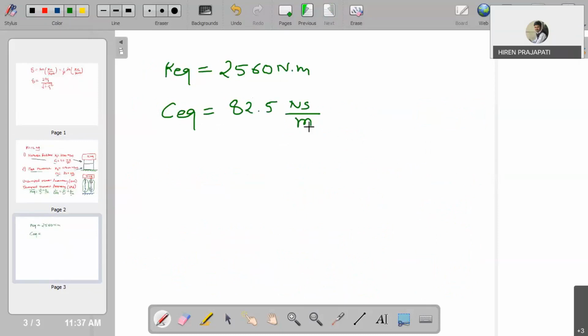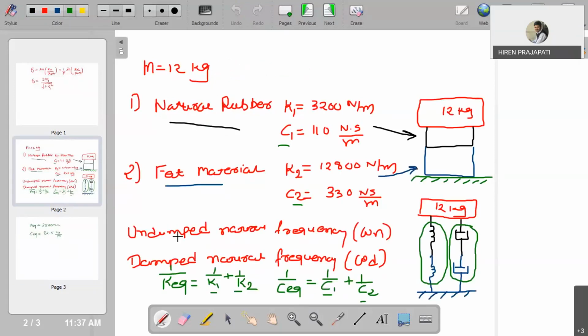So these are the values. Fine. Now what is asked is the undamped natural frequency, meaning our omega n.